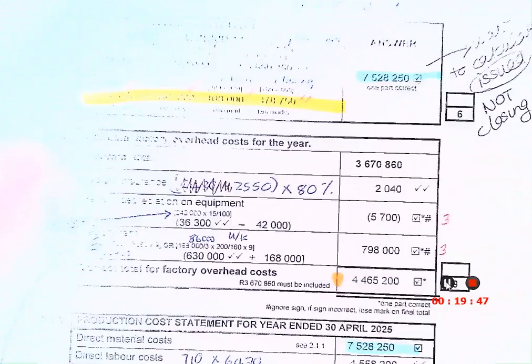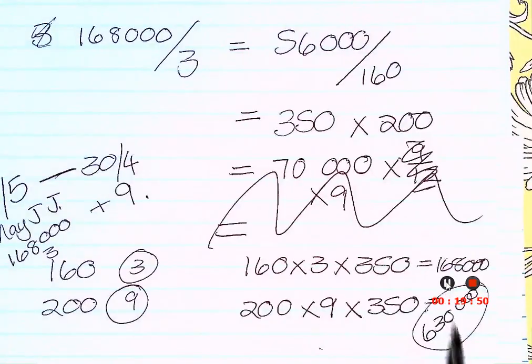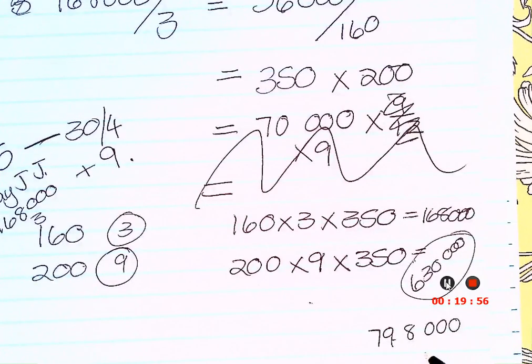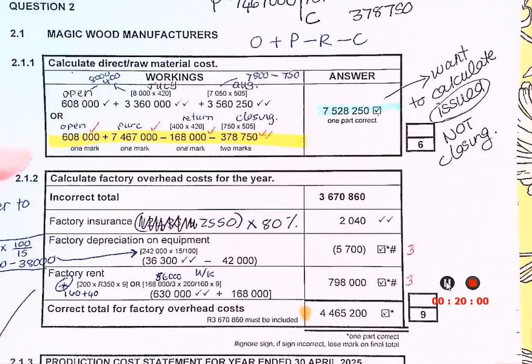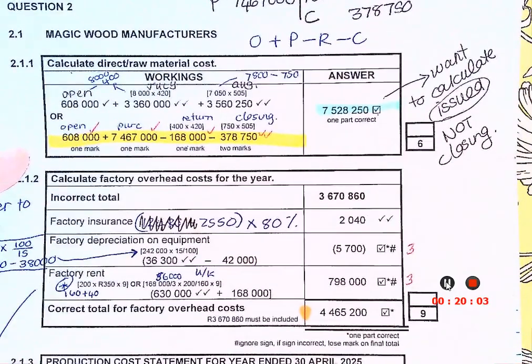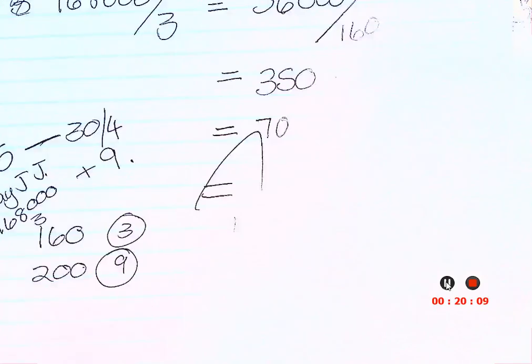I was stupid and I calculated the 168 again. So you only had to calculate that one, add the 168, and then you get the rent. Everybody happy? No, I don't know how happy I am.